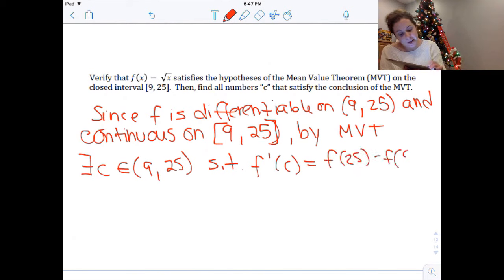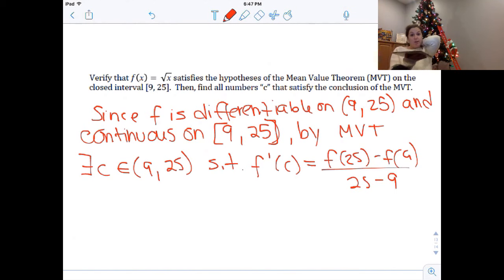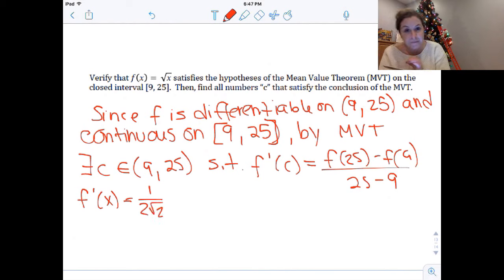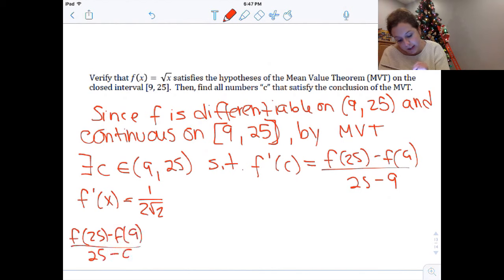Now, it asks you to actually find those C values. So, let's find them. So, f prime is 1 over 2 radical x. And f of 25 minus f of 9 over 25 minus 9 is 5 minus 3 over 16, so 1/8.